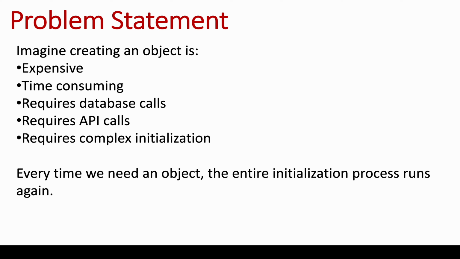Imagine we are creating an object, and the object creation is very expensive. It is time consuming. It has all sorts of database calls, API calls, complex initialization. Every time we need an object, this entire initialization process runs again.